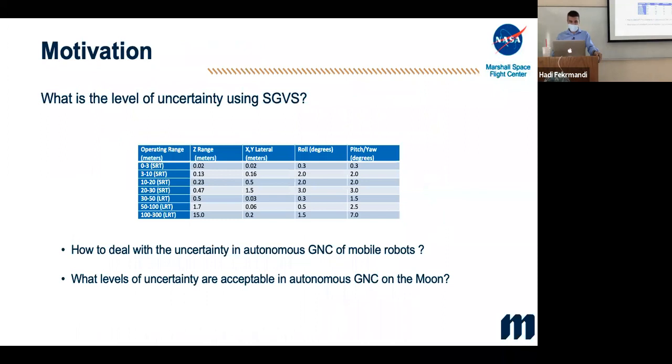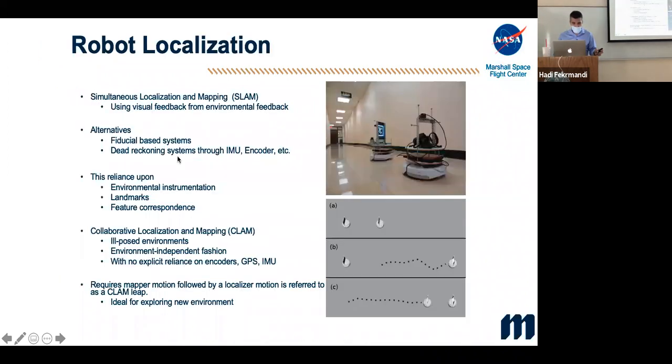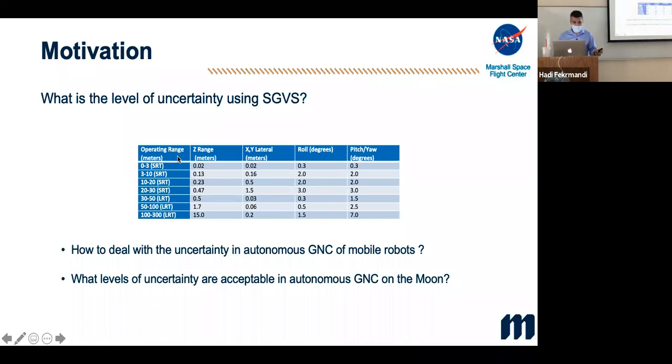So the motivation that we had is that in ideal conditions, SVGS has shown very promising results. This table shows the operating range.